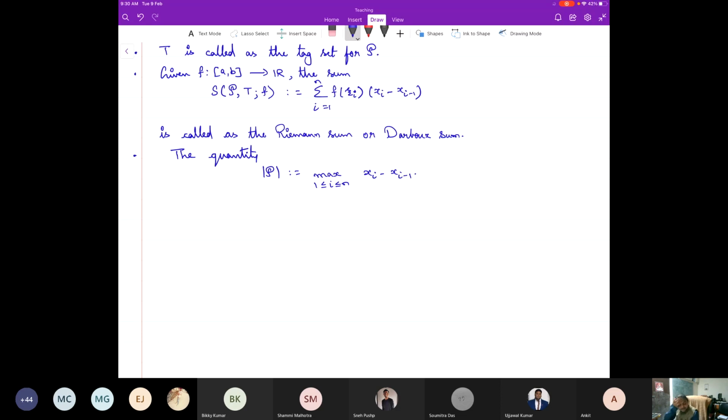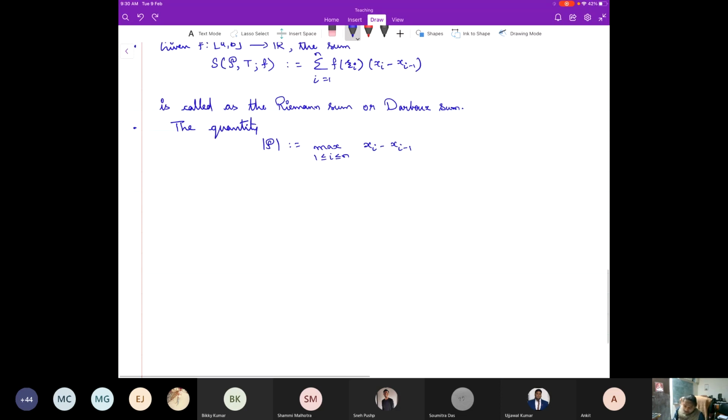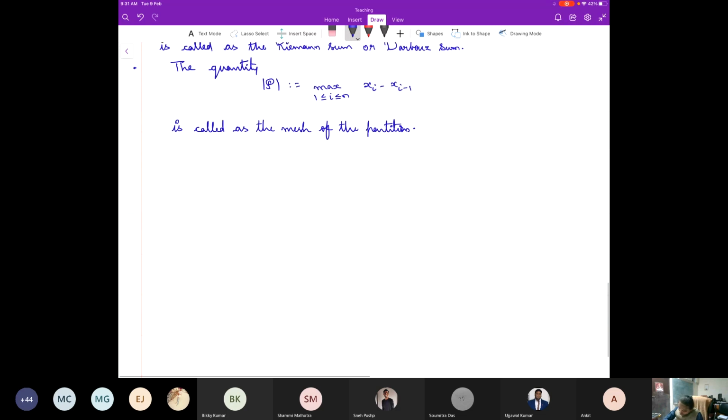Right. So this is what is called the mesh of the partition.